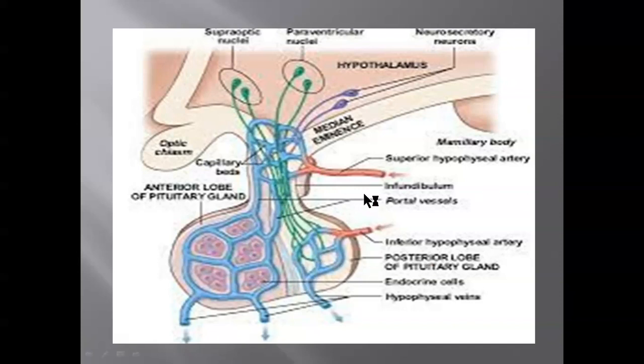Here we can see the superior hypophyseal artery, which is a perforator coming from the ophthalmic segment of the supraclinoid C4, and supplying the anterior part, along with the infundibular arteries supplying the stalk of the pituitary gland.